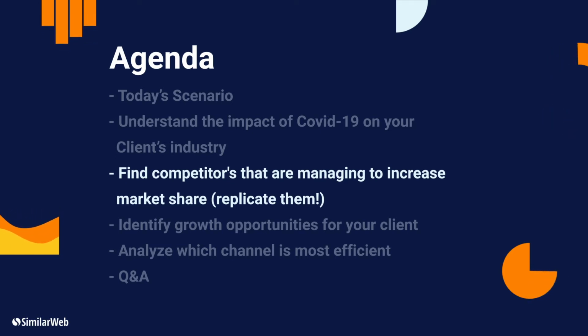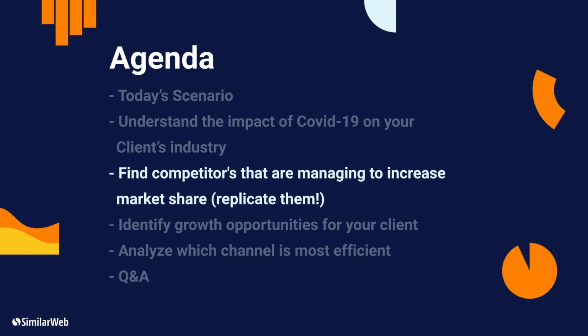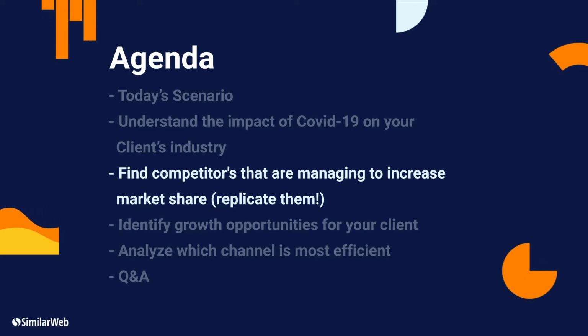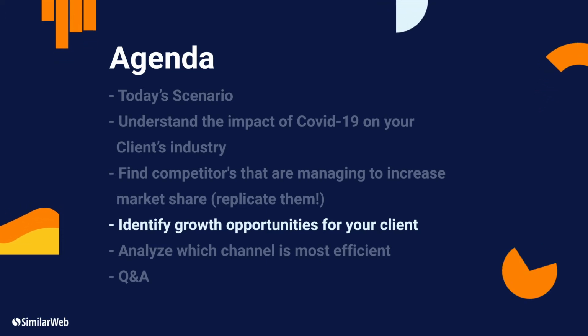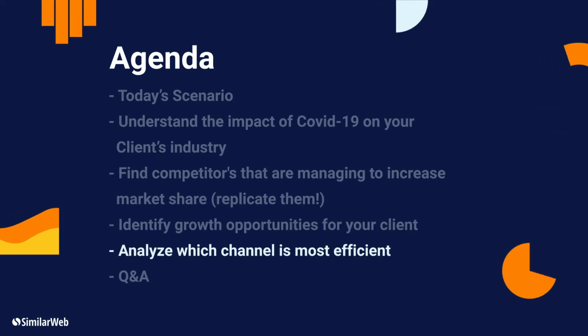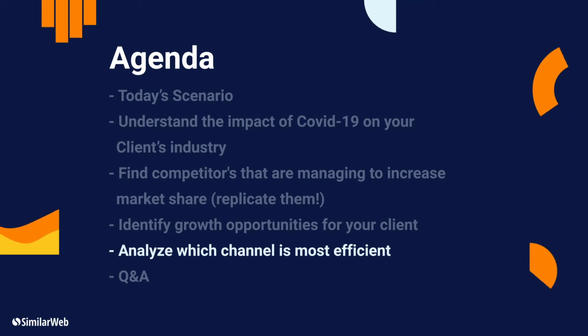There are some, and the goal would be that these are the companies, these are the websites where you might want to replicate their strategies, and then how to identify growth opportunities for your client and analyze which are the most efficient channels to be investing in at this time.